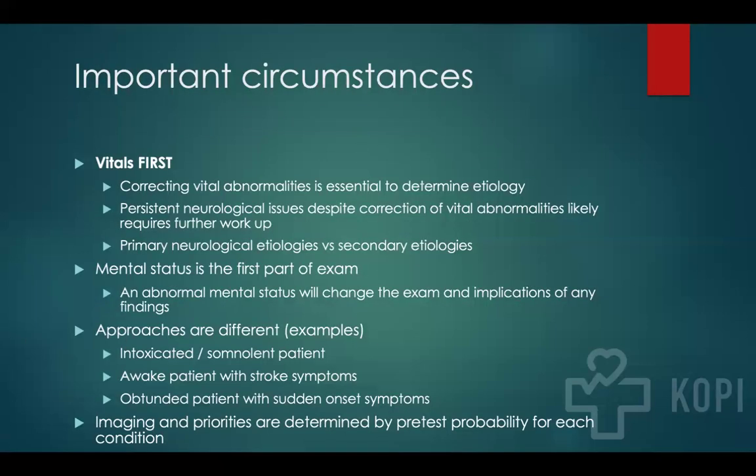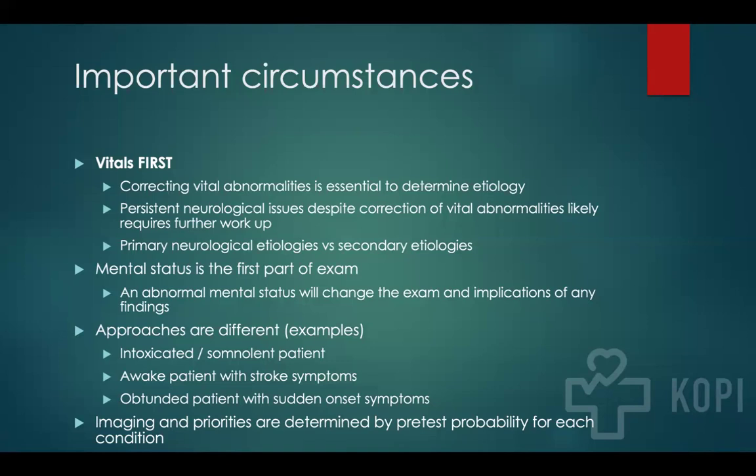So, important circumstances. You guys wanted to talk about altered mental status a couple months ago. We had a quick talk about that, but I hope that this goes without saying, and that I have harped on this enough. When you're evaluating a patient with a neurological exam, you want to make sure that you have some clinical context, and the most important clinical context is the vitals. You want to make sure that the vitals are obtained first and foremost, and that any vital sign abnormalities are corrected before you assume that any type of neurological symptom isn't related to vital sign abnormalities.